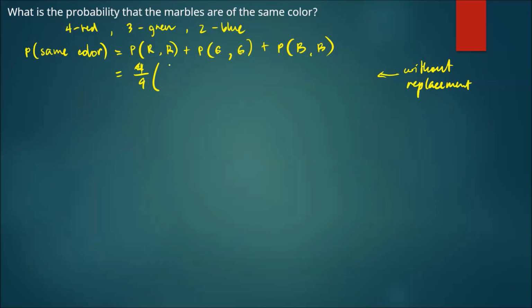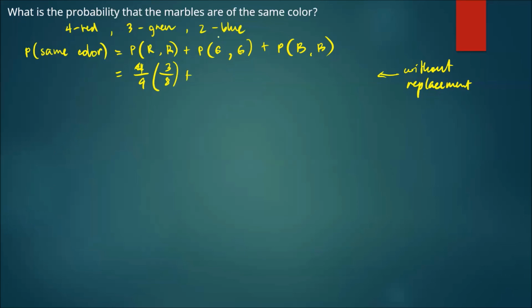If our first marble is red, then we're going to have only 3 red marbles in choosing the second one, out of the 9 marbles now reduced to 8.